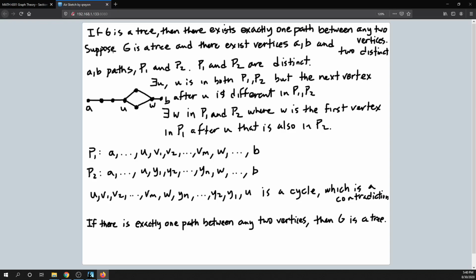All right, so how that direction would go is that just the fact that there is a path between any two vertices. So since there is a path between two vertices, G is connected. Okay, so that's right off the bat.